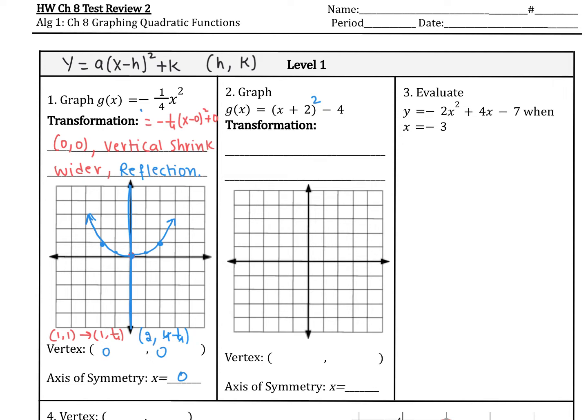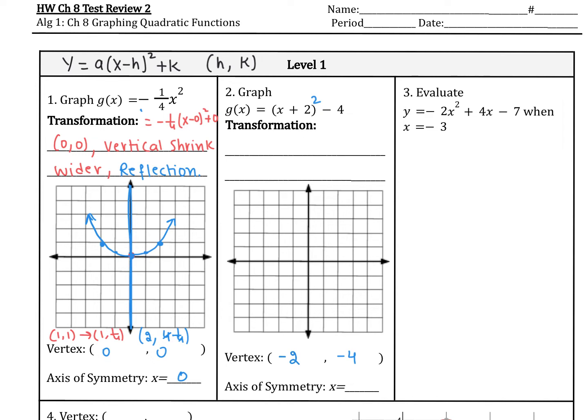If you compare this with this function, the h is negative 2 and k is negative 4. Remember, for h you always use the opposite sign. So hk, which is a vertex, h always opposite sign, so negative 2 comma negative 4.